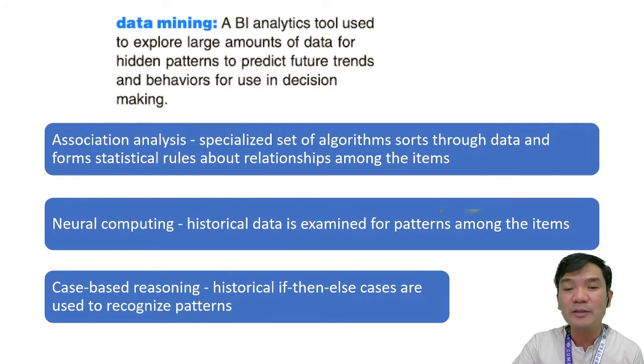Next, we have neural computing. In neural computing, historical data is examined for patterns among the items. This is also a very common practice. The common term used for this one is neural networks. Next is case-based reasoning. Historical if-then-else cases are used to recognize patterns. So this one is looking for patterns of the same cases in your new case.